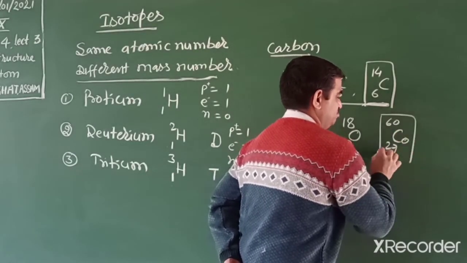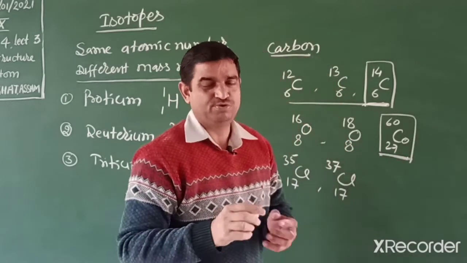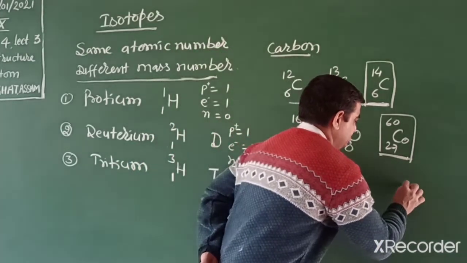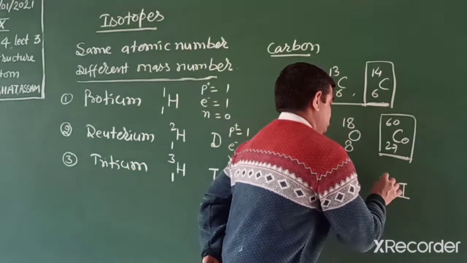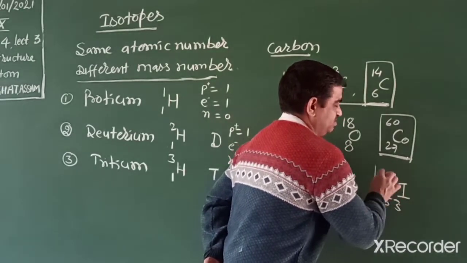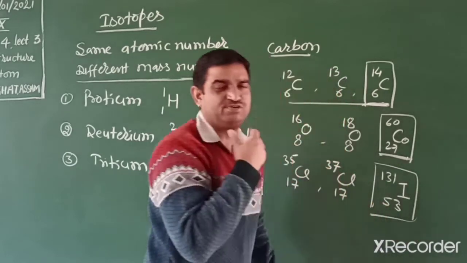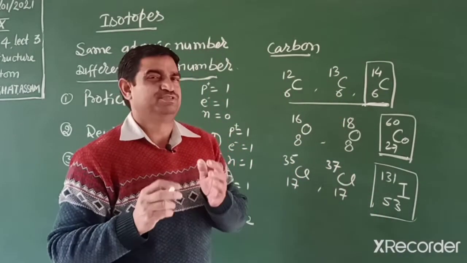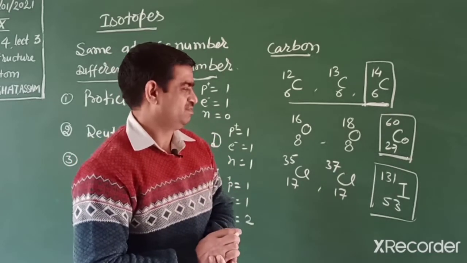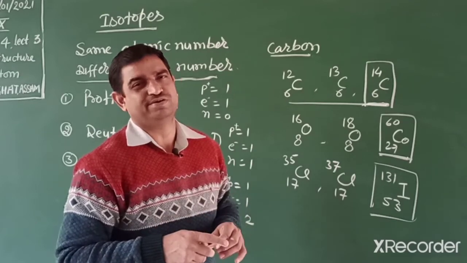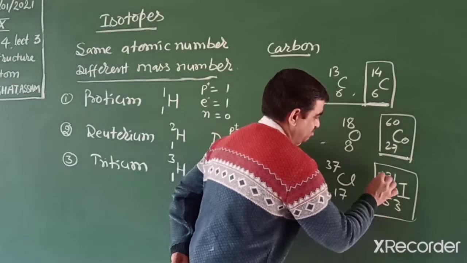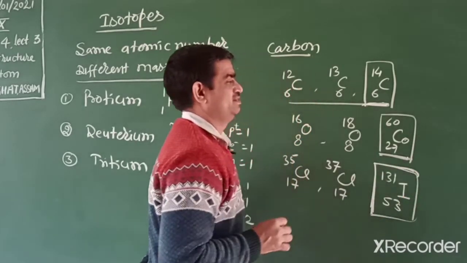This isotope is used for treatment of cancer. Another isotope is of iodine, iodine-131, atomic number 53, a special isotope. This isotope is used for treatment of goiter. Due to deficiency of iodine, a disease occurs in persons, that is goiter, due to a hormone known as thyroxine. So this iodine is used for treatment of goiter.